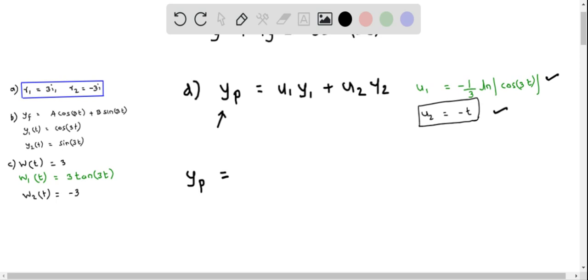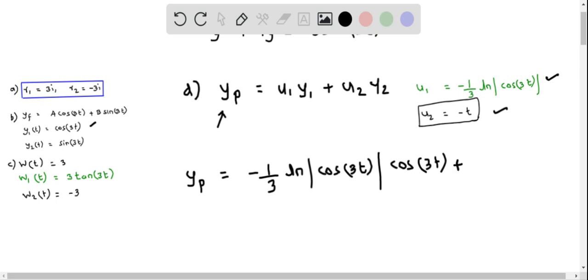This equals u1, which is negative one-third natural logarithm of cosine 3t, times y1, which is cosine 3t, plus u2, which is negative t, times y2, which is sine 3t. And so this is the particular solution to the non-homogeneous differential equation.